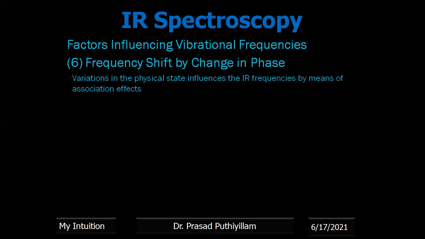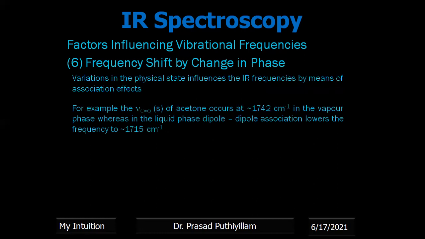For example, the carbonyl stretching frequency of acetone occurs at approximately 1742 cm⁻¹ in the vapor phase, whereas in the liquid phase, due to dipole-dipole association, the frequency is lowered to 1715 cm⁻¹. Dipole means charge separation.